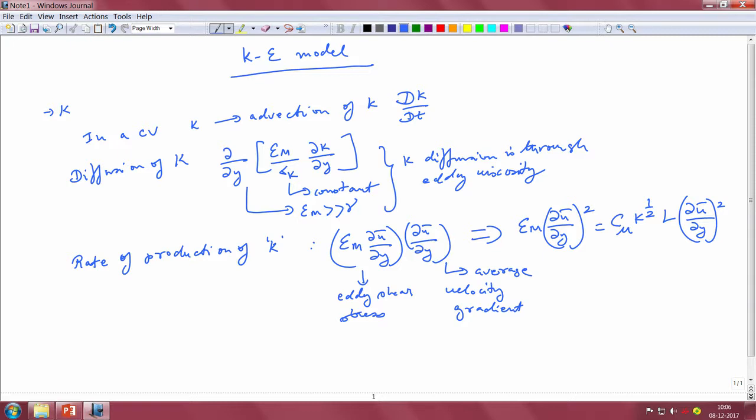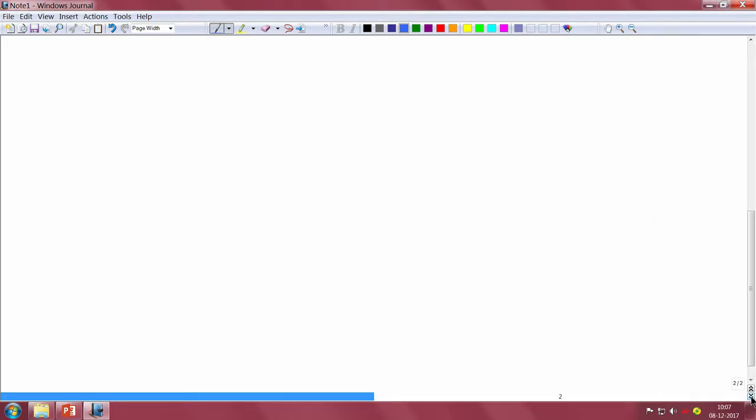Now, similarly there is something called the rate of destruction, or dissipation, of K. So, the rate of dissipation of K is akin to something like this. Let us go to the next page to explain this in a little more detail.